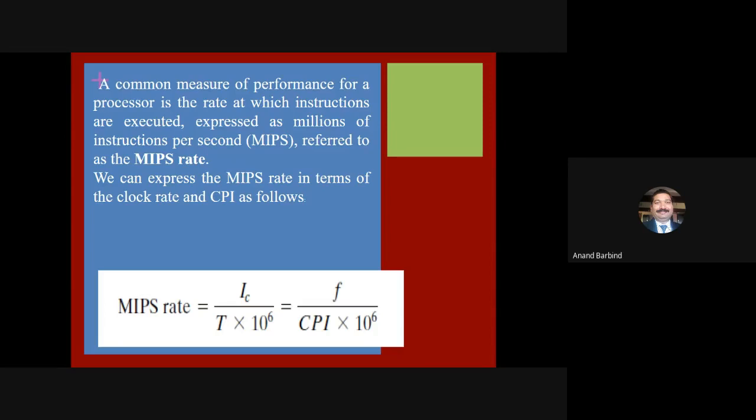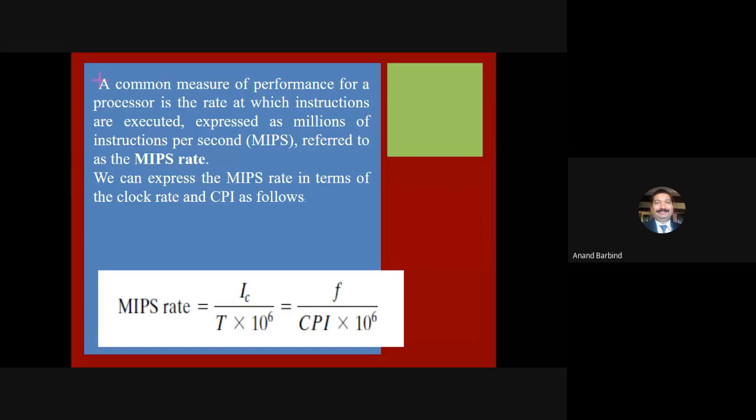We can express the MIPS rate in terms of the clock rate and the CPI. So the MIPS rate is equal to IC divided by T into 10 to the power 6, or the frequency at which the processor is operating divided by CPI into 10 to the power 6. So this is how we can calculate the MIPS rate for a particular processor.